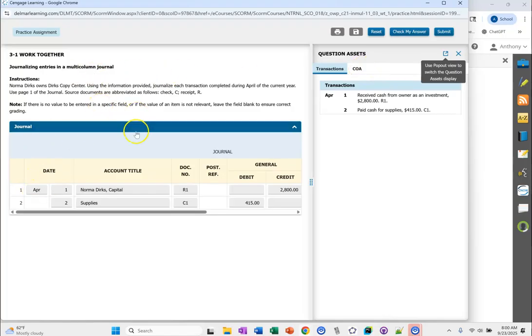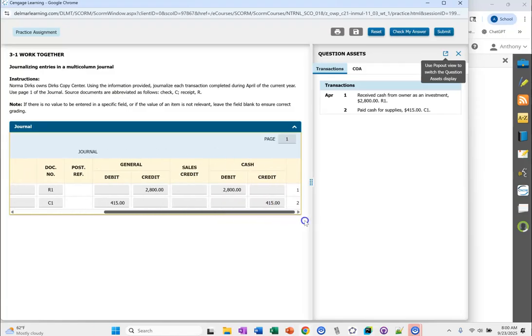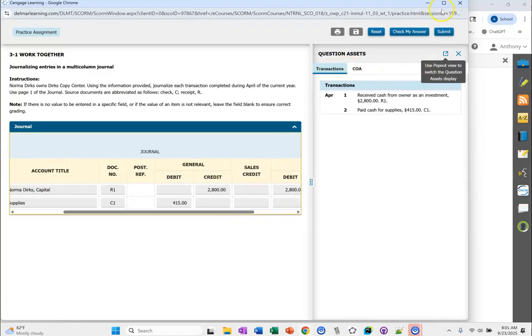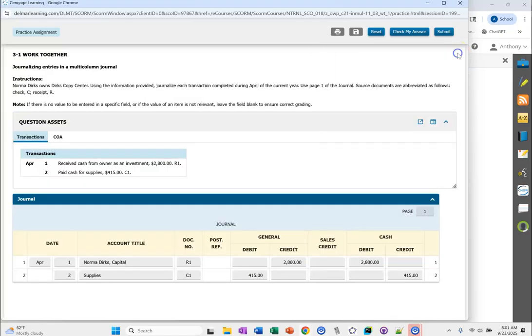So you have a set of transactions here on the side, and the part of your ledger. Notice that it can scroll over, so you can close that out so that you get this view, which is probably a little easier to use.